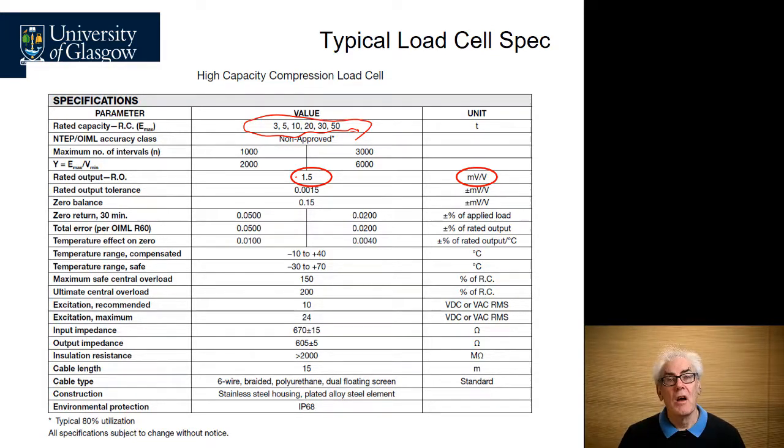The output for full load is only 1.5 millivolts per volt applied across it. Now you can certainly apply up to 10 volts across the bridge, but nevertheless, even with 10 volts, it's only 15 millivolts. So it's a really difficult challenge to detect the amount of weight being applied to this load cell in the presence of common mode signals.